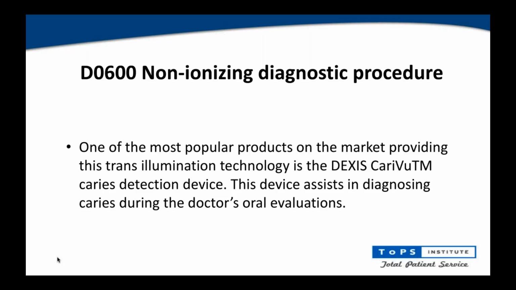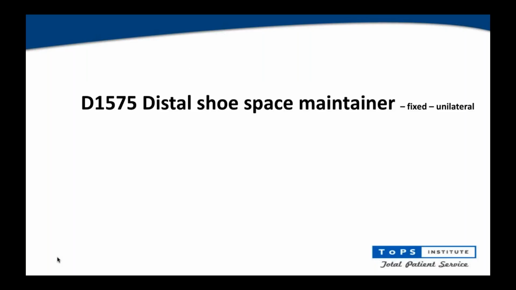And someone may ask, we have a Diagnodent, can we use this code for utilizing the Diagnodent? And the answer right now is no, because their technology is different. So this only will be used in illumination technology. Let's go to the next slide.